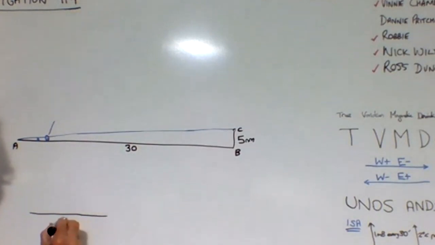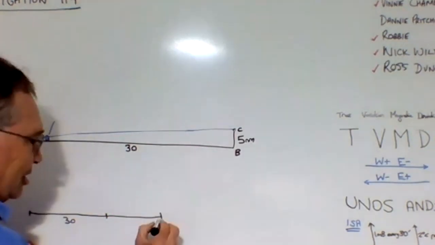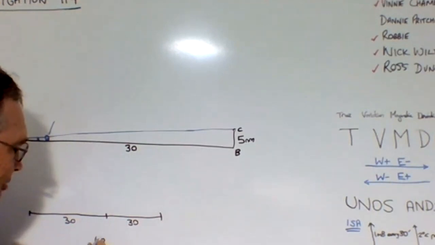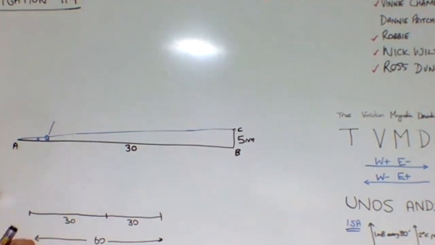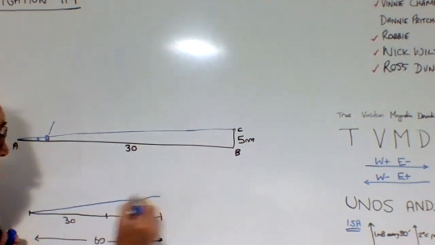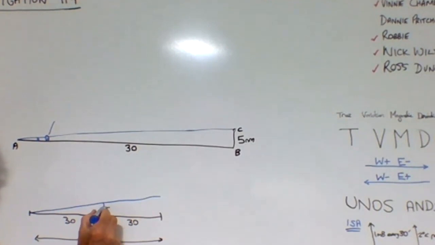What we're saying is, if we've gone 30, and then we go another 30 to make this 60. After 30, this is going to be 5, all right?